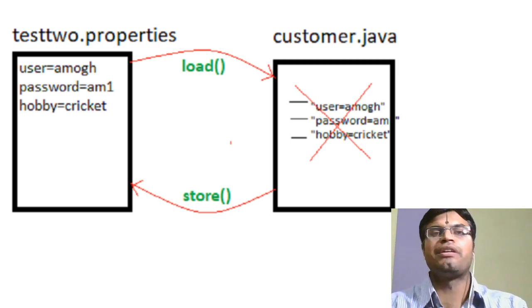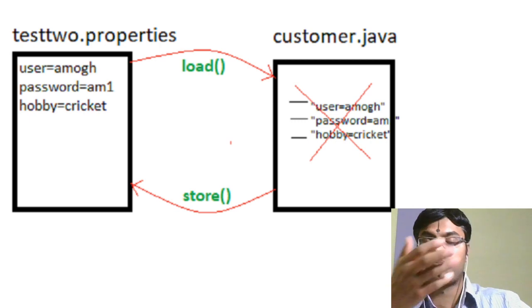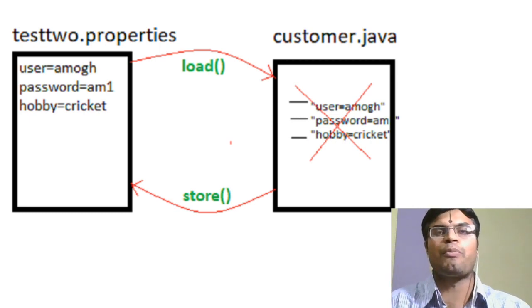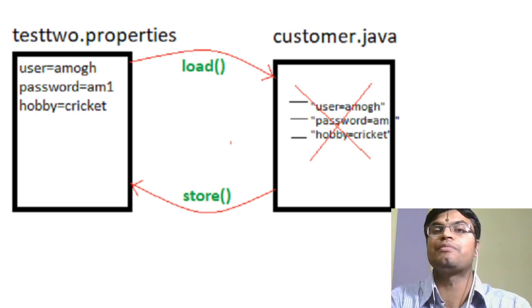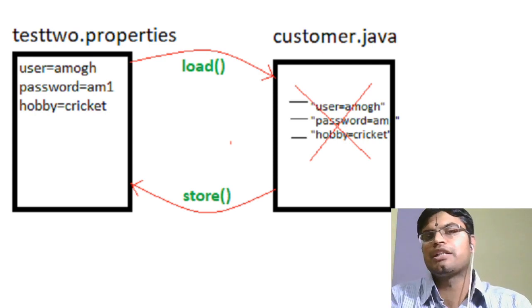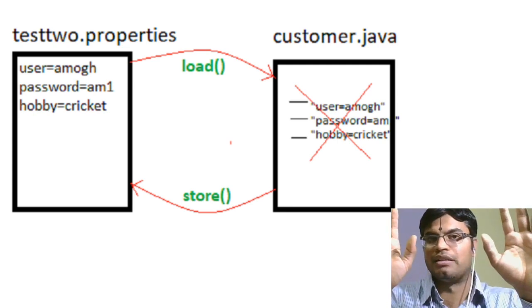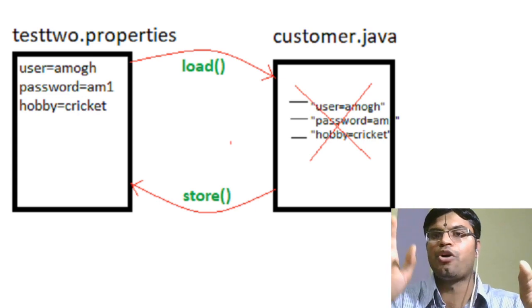Alright, please look at this particular diagram, guys. We have two different files here. One is your test2.properties, another we have something called the customer.java file. Normally, that is the extension that a Java file will have, a .java file extension, right? So in this case, we have two separate files, a .properties file and a .java file.